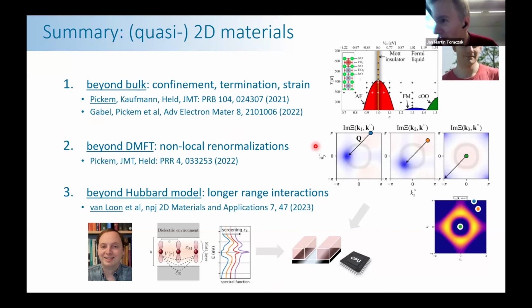Yes, so as a theorist, of course, you can play and say you hold one thing fixed and change the other one. In this case, when you go down with the layers, the important thing is the degeneracy lifting. So it's the crystal field and confinement. It's the lifting of the degeneracy that is important for the transition at like 2 or 3 layers that turns insulating. Okay, thank you.